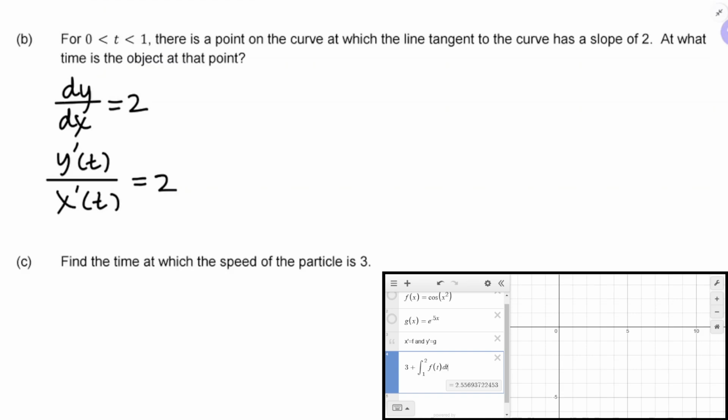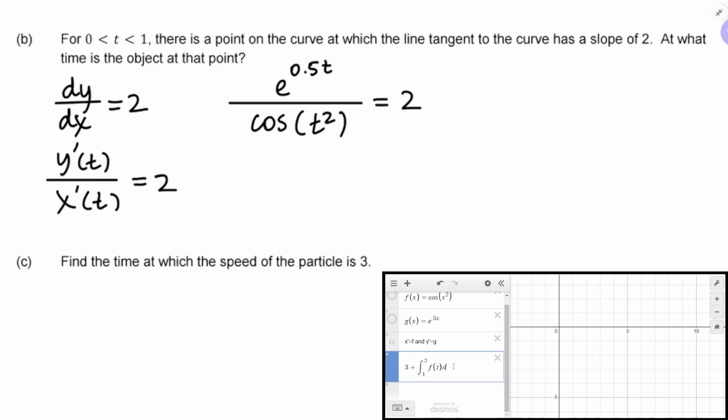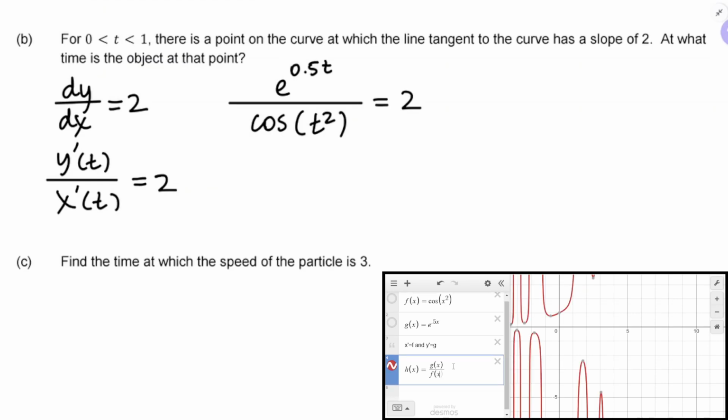And I think that equation would be enough for justifying our answer. But just to be clear about what's going on here, I need to take that e to the 0.5t and divide by cosine of t squared and have that equal 2. So that's what I'm going to use the calculator for. I'm going to clear this out because I'm done with that. I'm going to say let h of x equal g of x divided by f of x.